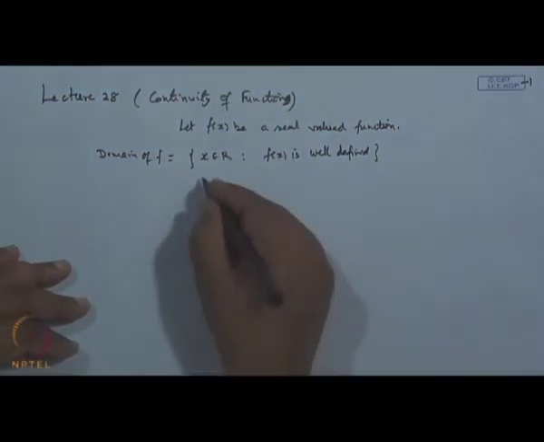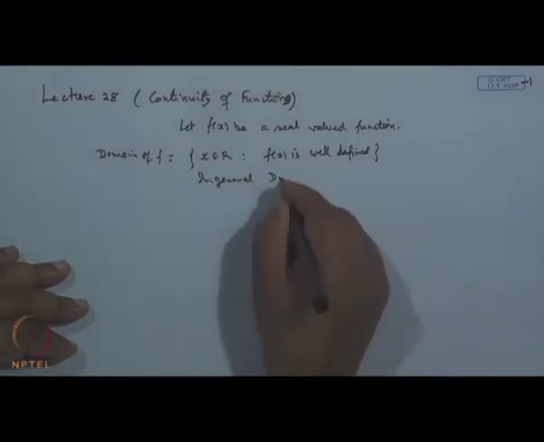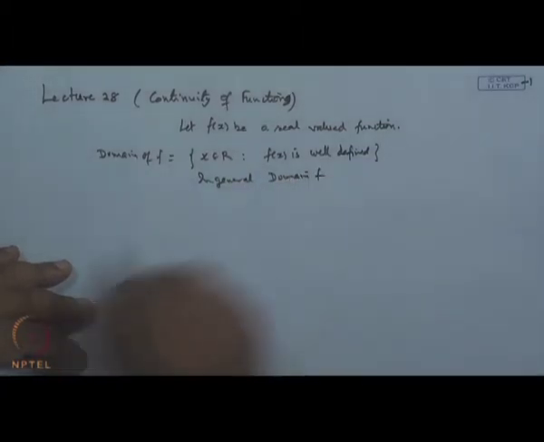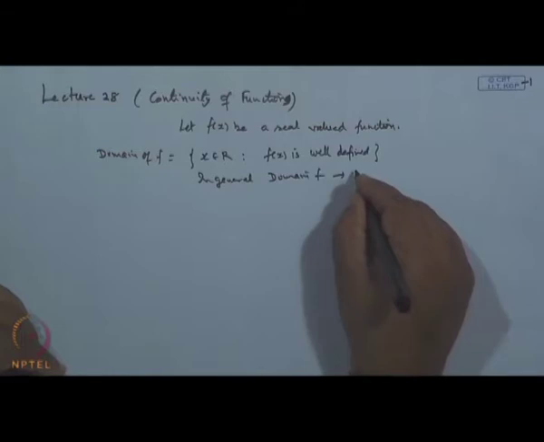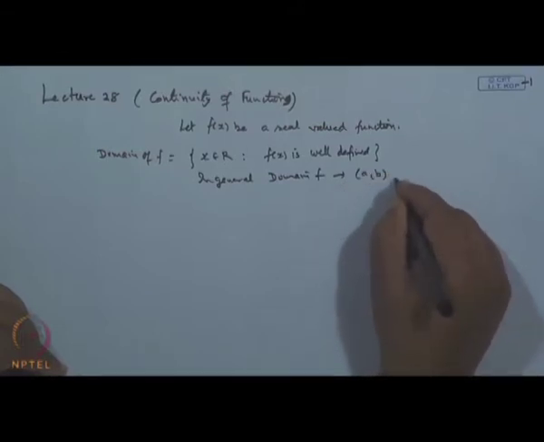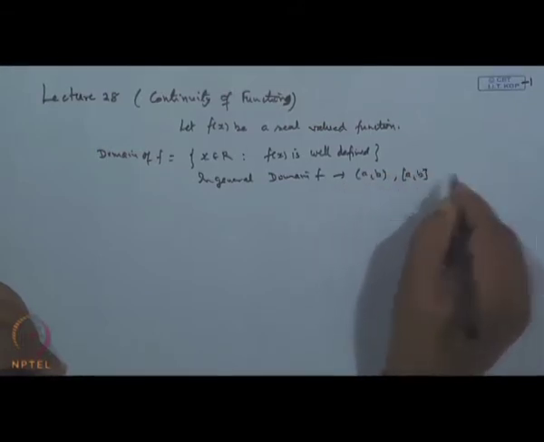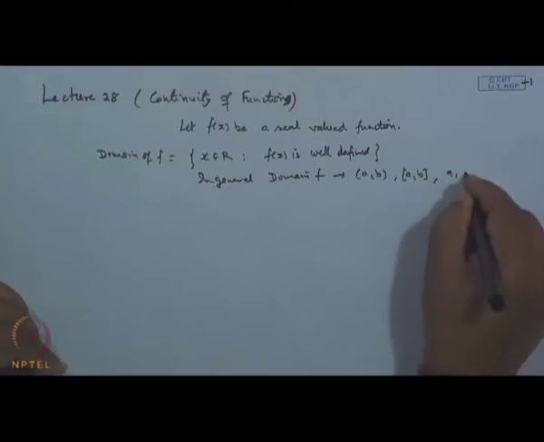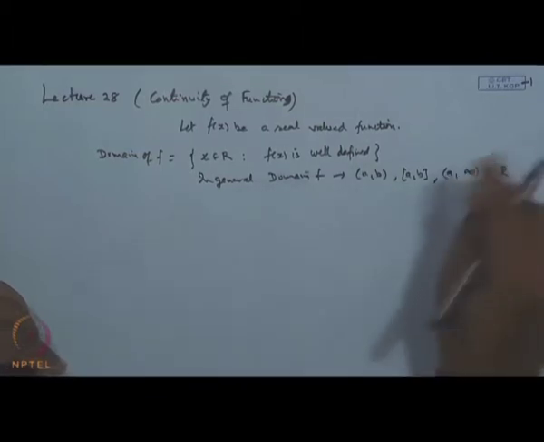Normally, the domain of f, in general, we consider either an open interval, or maybe a closed interval, or maybe a semi-closed interval, or even the entire real line R. So, it depends on the function where it is defined.